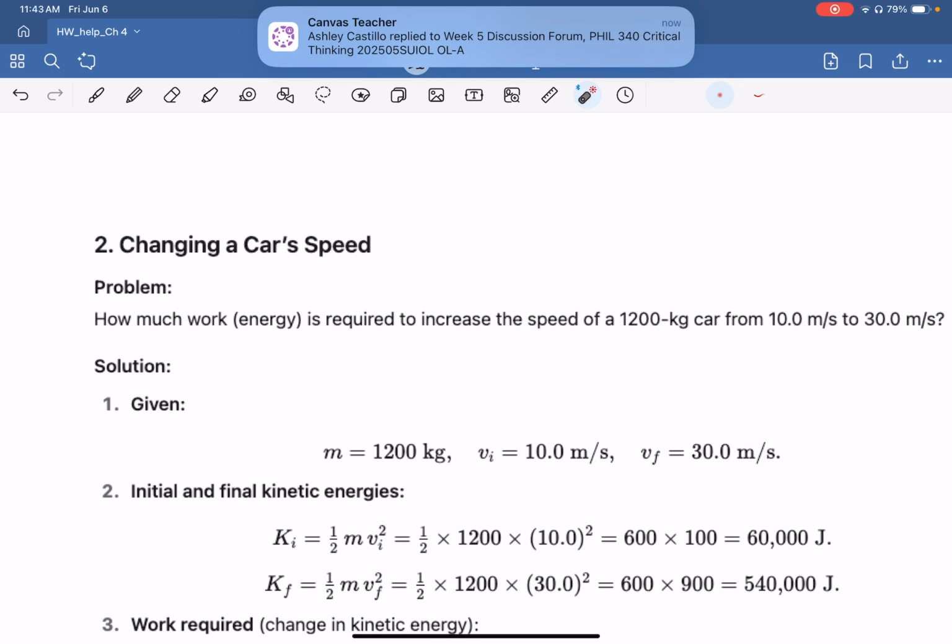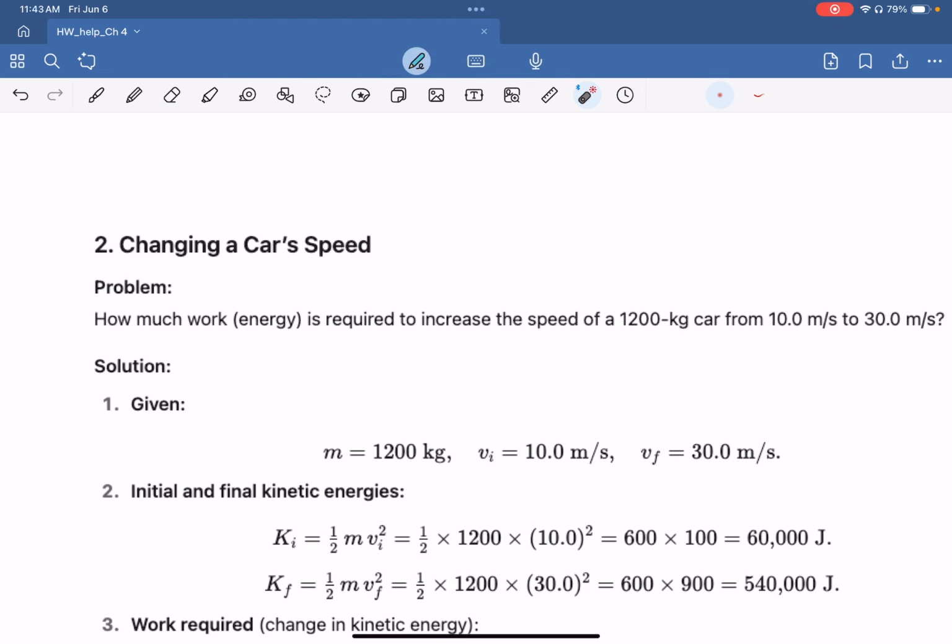So when you step on the gas in your car, it speeds up and the engine has to do extra work. So in this case, you're asked to find the extra work required to make the car go from 10.0 to 30.0 meter per second.